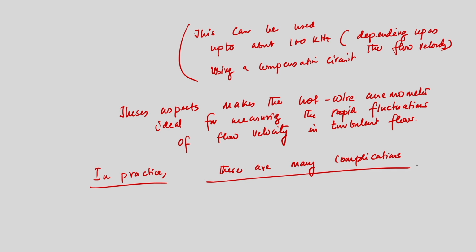And we should know those, because then when we are using this instrument, the hot air or hot film anemometer, in a flow field, we can take precautions. So we need to consider those complications.